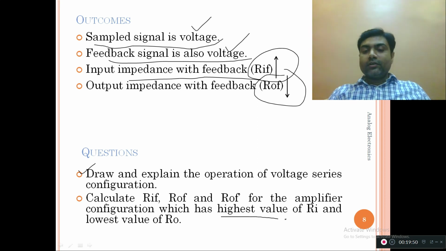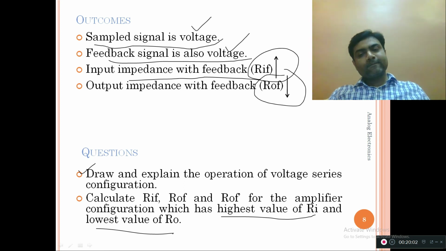It has the highest value of RI and the lowest value of RO, as written here. As we have already considered, Ri must be greater than Rs, and Ro must be less than Rl. So this amplifier acts like this. So determine the value of RIF and ROF, given the highest value of Ri and lowest value of Ro.